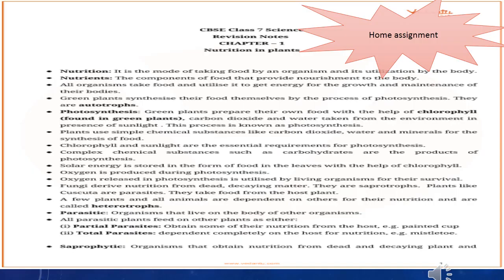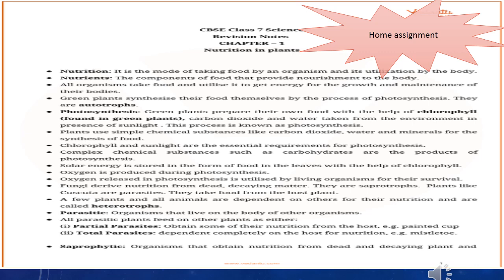So children, till now we have discussed heterotrophic nutrition, and we have seen its two major types. The first is parasitic nutrition, and the second is saprophytic nutrition. And here I have attached the home assignment for you. In this home assignment, I have given notes, the related points which have to be remembered.